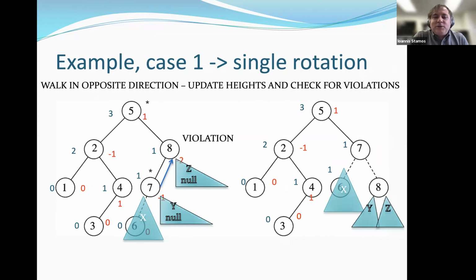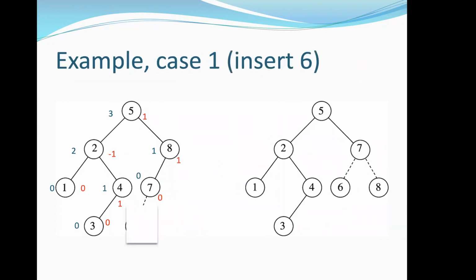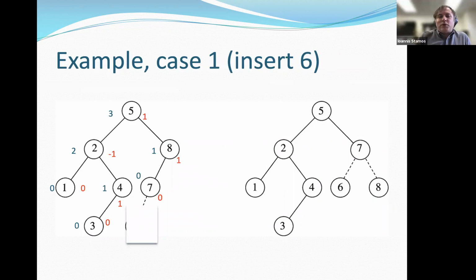If Y was not null, you wouldn't have an AVL tree. Oh, I understand. Thank you. If you had something to the right of 7, you wouldn't have an AVL tree to start with. So you should have first addressed that. So yes. Any other question?